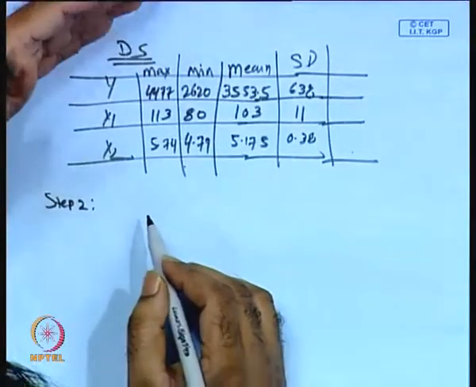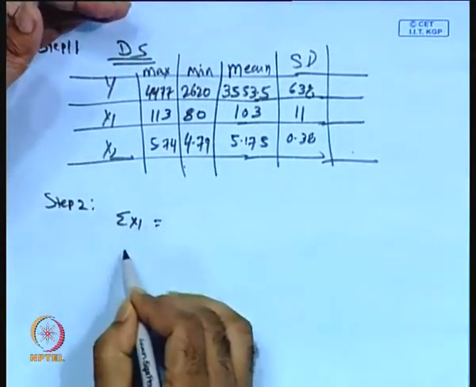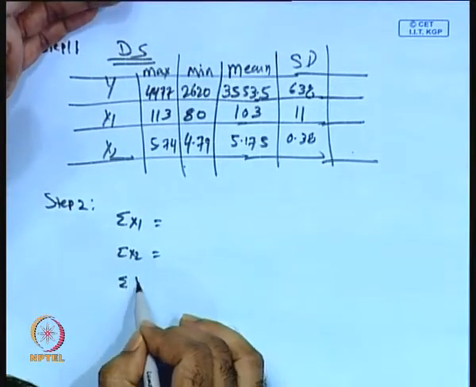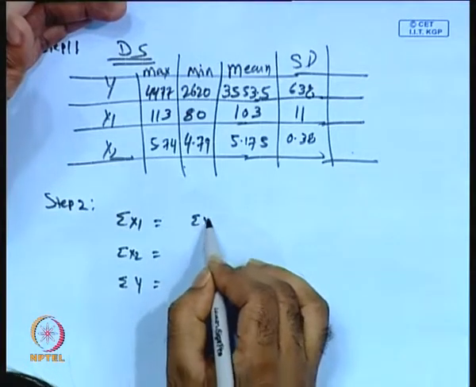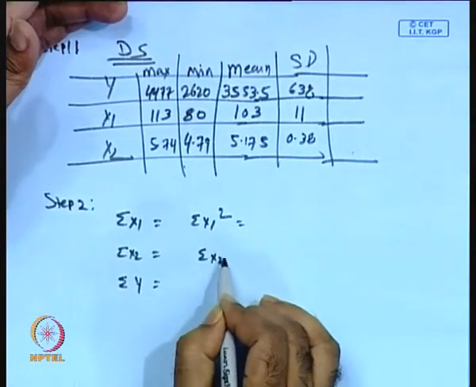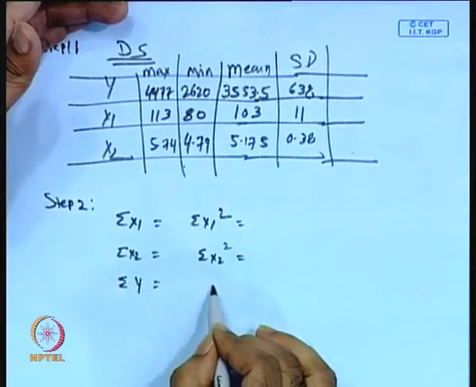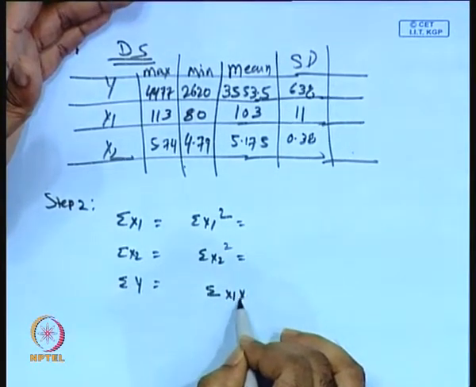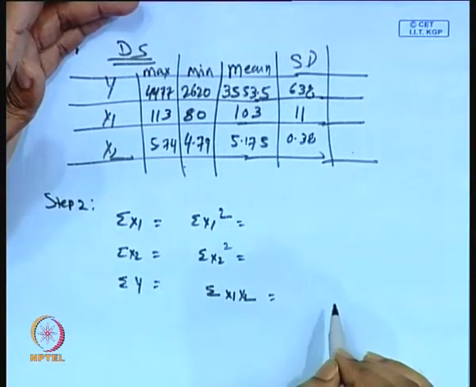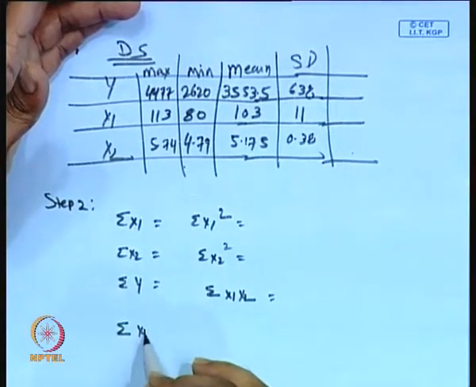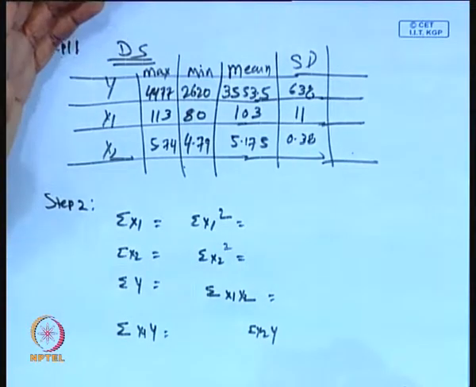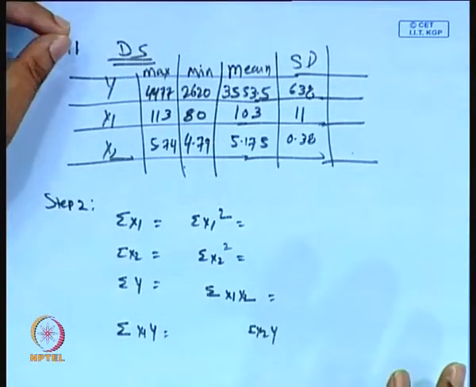For this particular problem, we need summation x 1, summation x 2, summation y, then summation x 1 squares, summation x 2 squares, summation x 1 x 2, then summation x 1 y, and summation x 2 y. This much information we need to know.